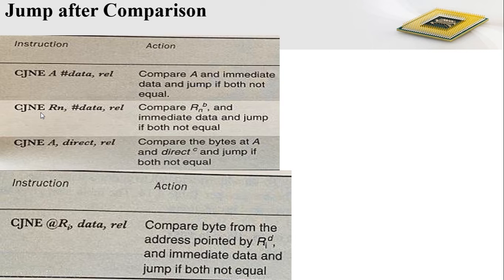CJNE, compare and jump if not equal. That means here, instead of A, a general purpose register is given with an immediate data. So the content of the register is compared with the immediate data, and if they are not equal, then jump to the given relative address.